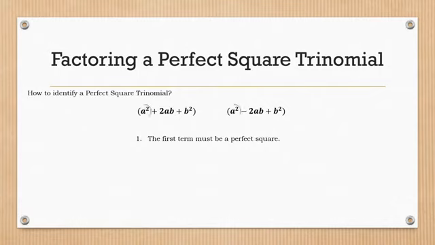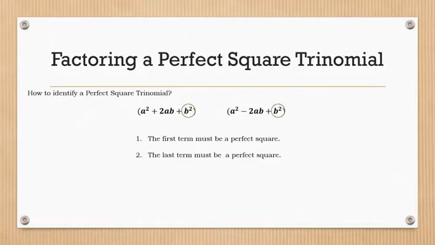That is the reason I brought up the perfect squares earlier, class, because you should be able to identify the first term as a perfect square. And also, the last term must be a perfect square too.